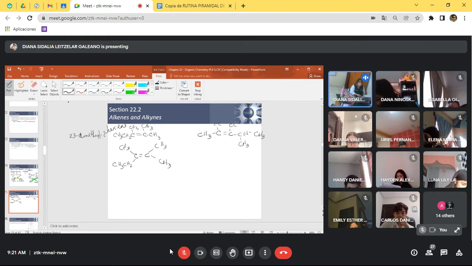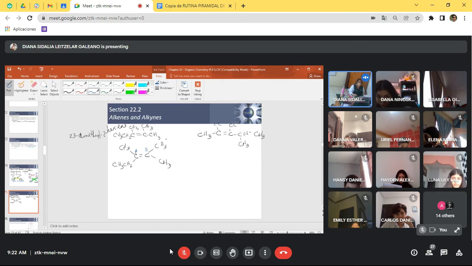This is carbon double bond. Let's place A and B. Is this compound a geometrical isomer? No. Why? Because the two substitutes in what carbon are the same?